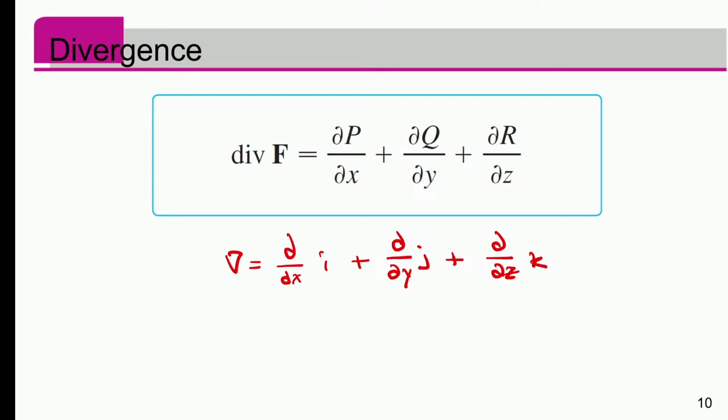And of course, your vector field is P, Q, and R. So if we just do a dot product, take this times this, this times this, and then this times this, you get exactly this divergence.